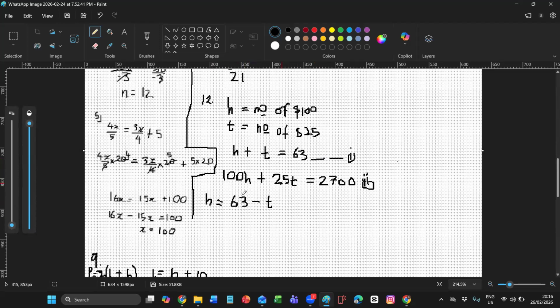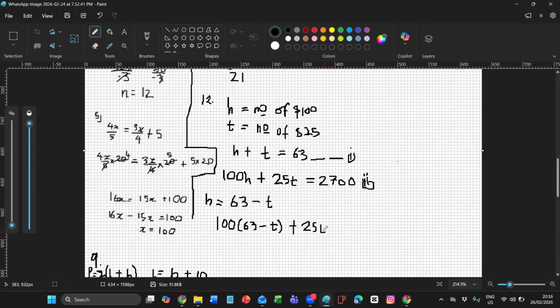Put it inside equation two. Look at it in equation two: 100 times (63 minus T) plus 25T.